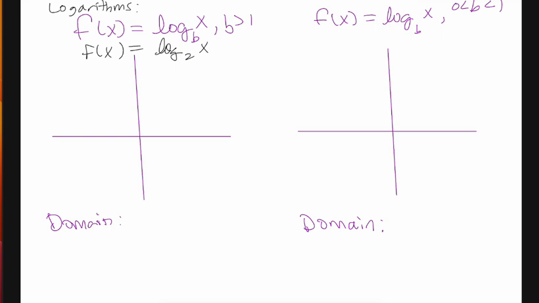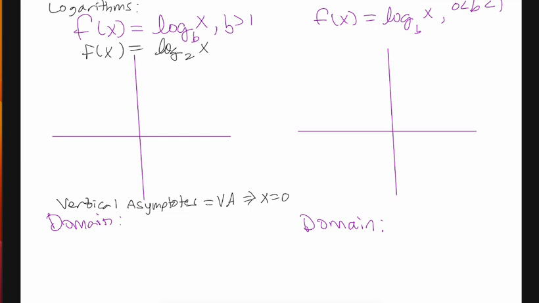These all have vertical asymptotes, which I will abbreviate VA. And they all have, unless the function has a transformation or something where it's been shifted, it will always happen when x is equal to 0.